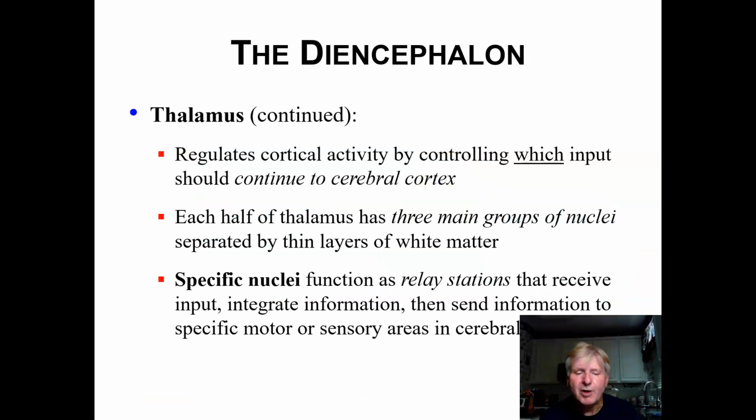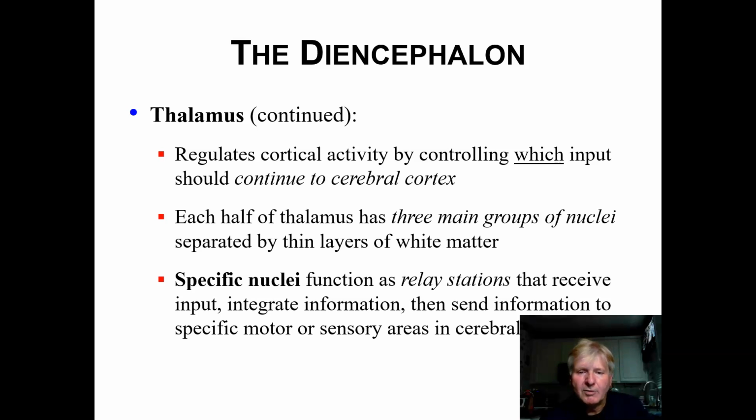Your thalamus regulates cortical activity by controlling which input should continue on to the cerebral cortex. And by the way, approximately 80 to 90% of the input is actually filtered out. So you're only receiving about 10% of the incoming input.